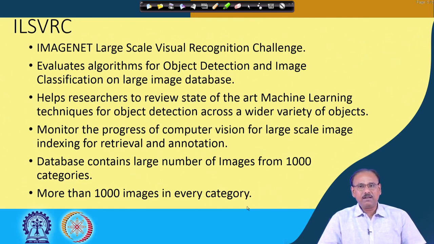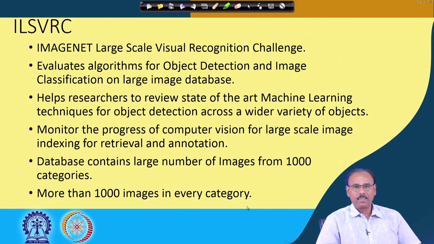And how does it help? It helps researchers to review and know the state-of-the-art machine learning techniques for object detection across a wide variety of objects. The researchers can also monitor the progress of computer vision for large-scale image indexing for retrieval and automation.